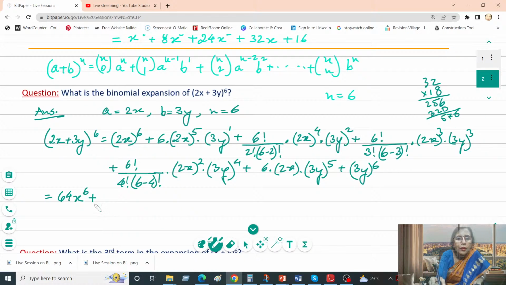Okay, so it is 576 x to the power of 5 y. Let me just erase this.